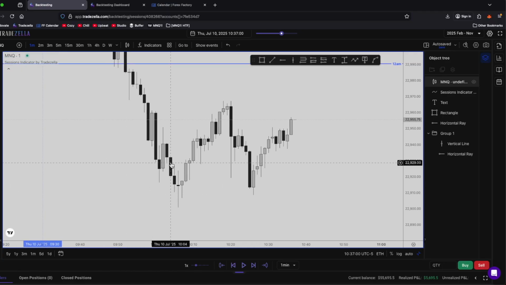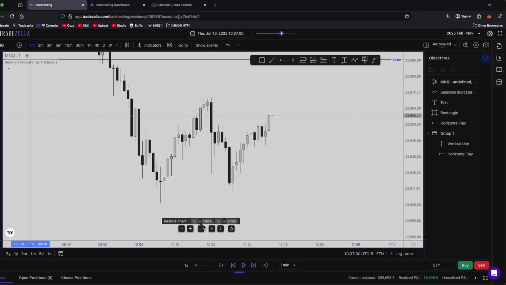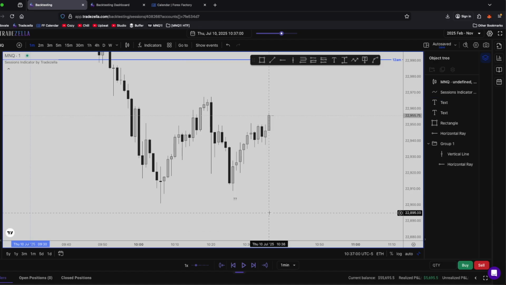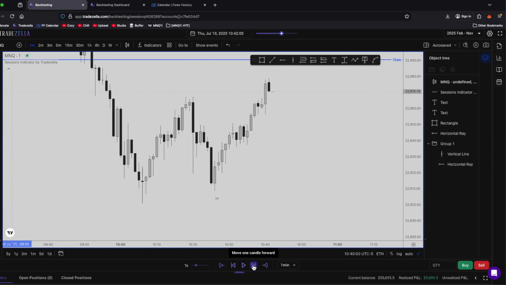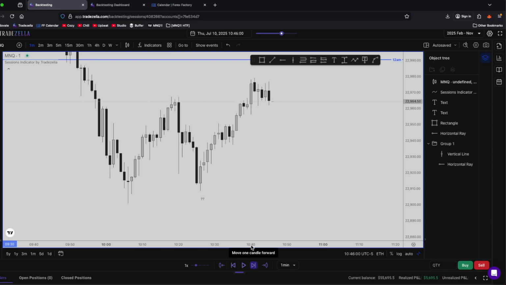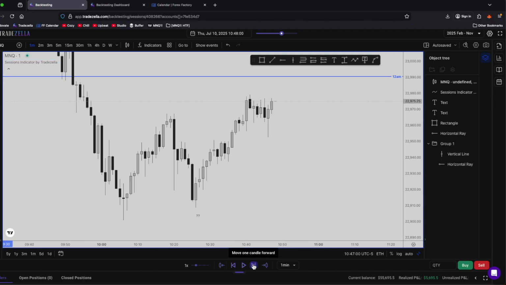So my model really wasn't here. Too tiny of a gap. That's still a pretty small gap, but there was a stop hunt. Questionable. All right, so 10:45 outside of macro.